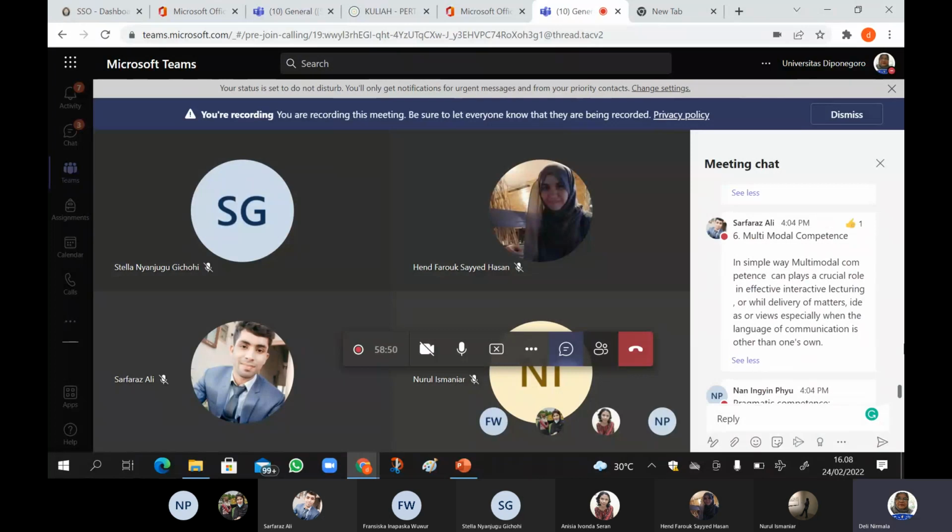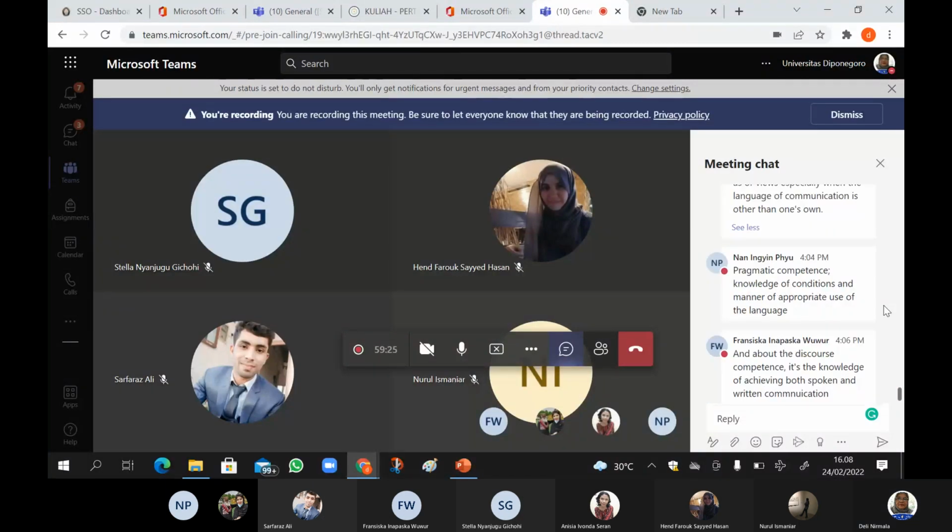Multimodal competence. So learners can both understand and also produce language using multimodal means. Knowledge of condition and manner of appropriate use of the language.